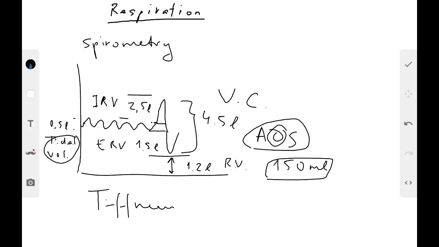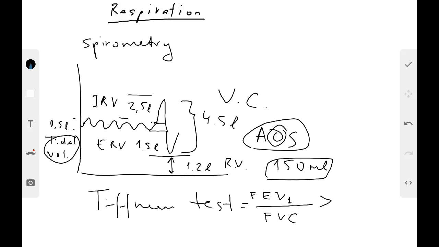The TIFNO test is measured as a ratio between the expiration volume per first second of forced expiration and the forced vital capacity. Forced expiration volume during the first second divided by forced vital capacity.